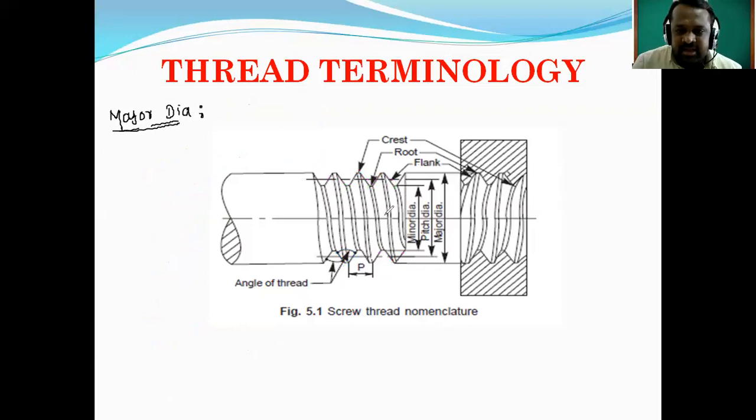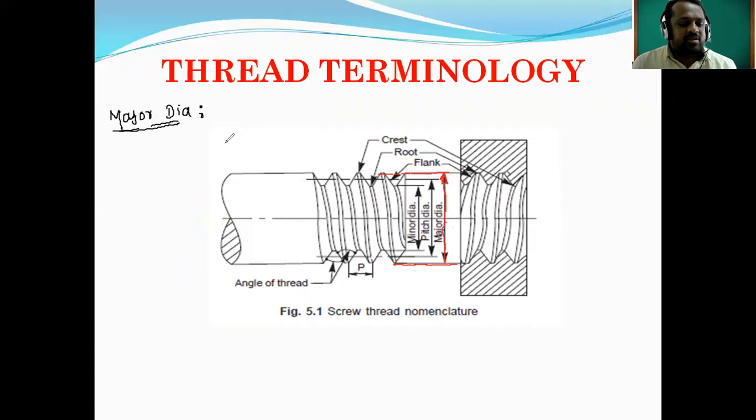This is the thread, and here they have shown the major diameter. See, this is the major diameter. This is called the major diameter.